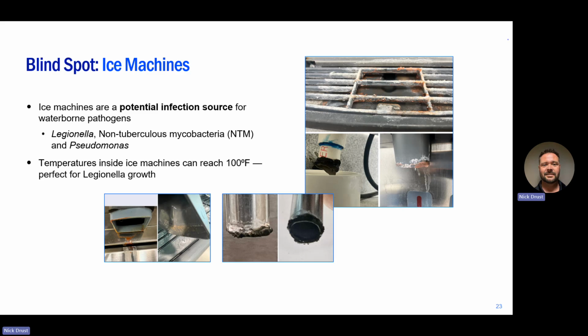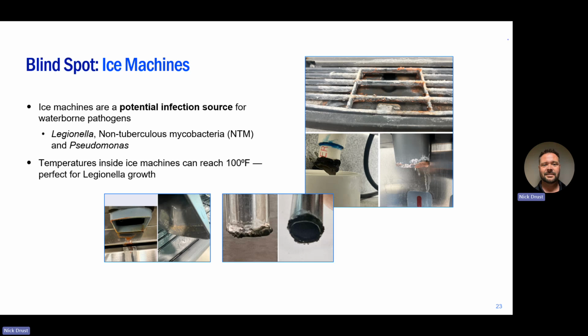One of the biggest misconceptions I hear is, it's an ice machine, so bacteria can't grow there. That's not true. The ice itself is cold, but the internal components of the machine often operate as the perfect breeding ground for bacteria. Those temperatures often run much higher than people realize.